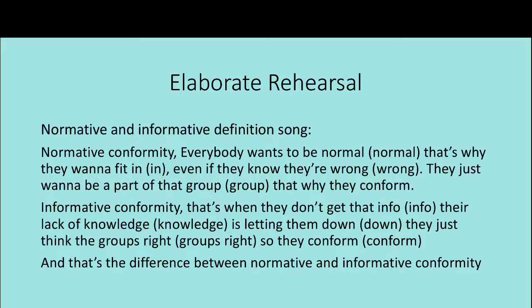Informative conformity, that's when they don't get the info. Their lack of knowledge is letting them down. They just think that the group's right, so they conform, and that's the difference between normative and informative conformity.